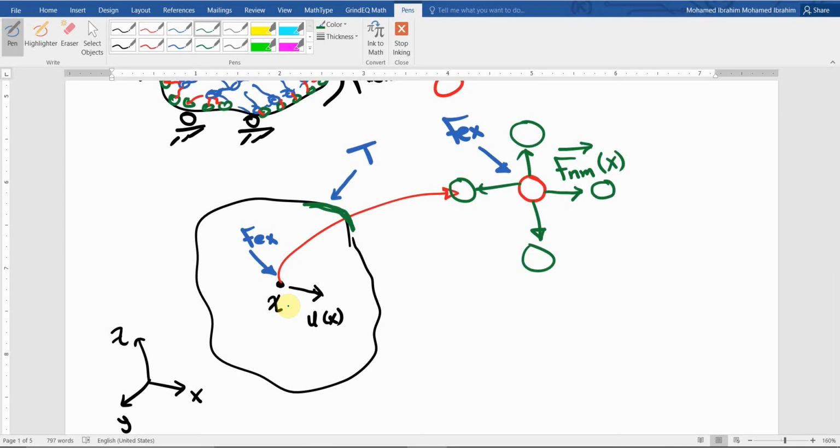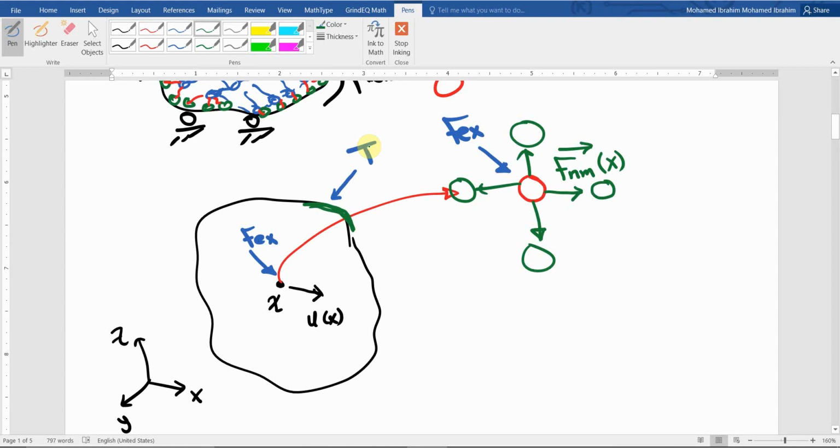Make sense? But in addition to this direct force that acts on the particle directly, we may have some external force that comes over the surface. So this external force T will definitely have an effect over the particle, but this effect is indirect. Why?